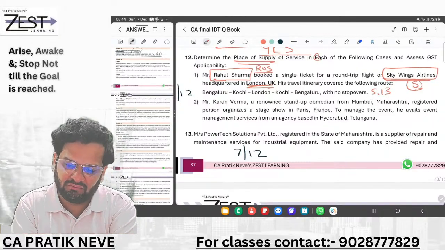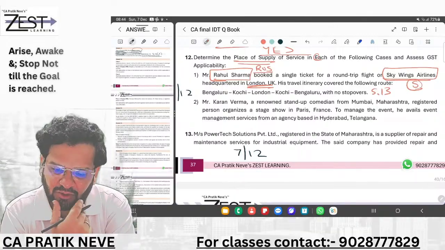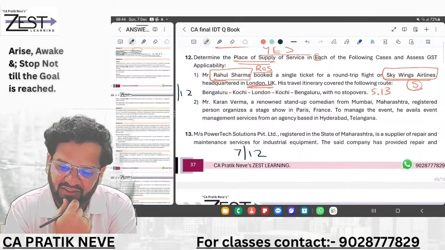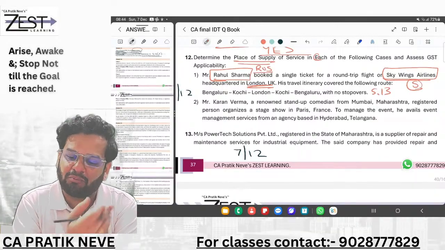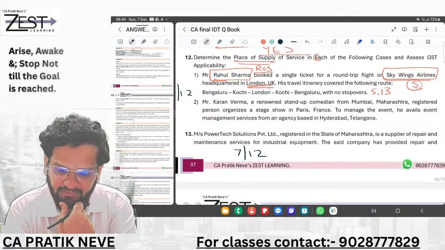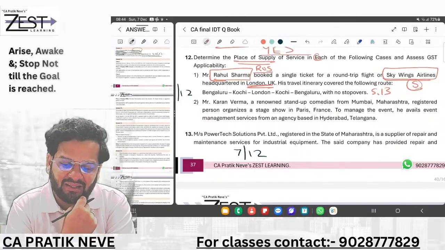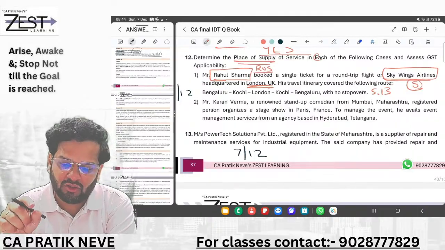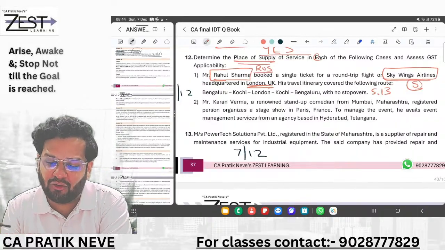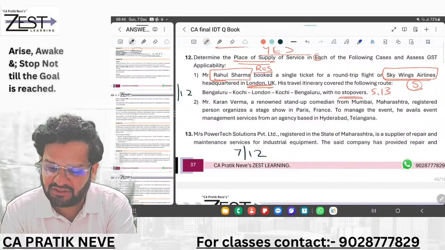He must be in India only. It's not given, but if nothing is mentioned, he must be of India. His round trip is like this: Bangalore, Kochi, London, Kochi, Bangalore, with no stopovers.